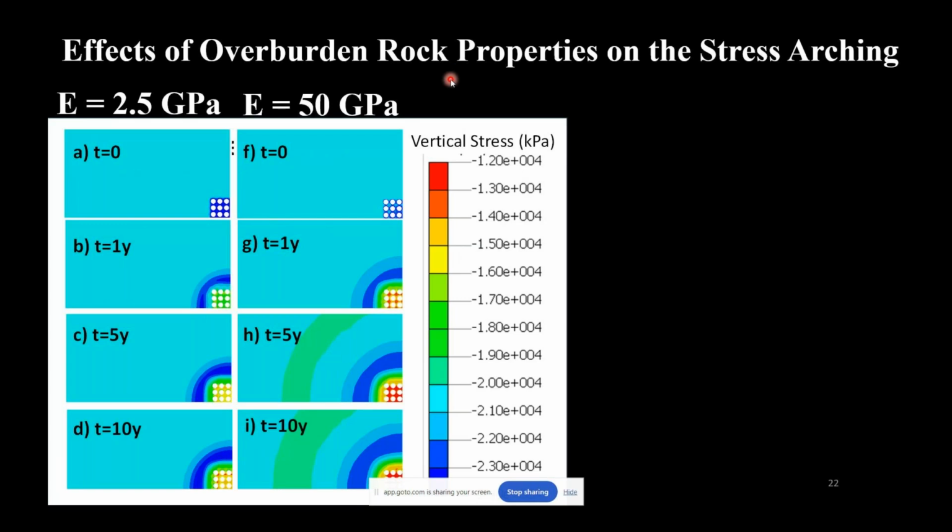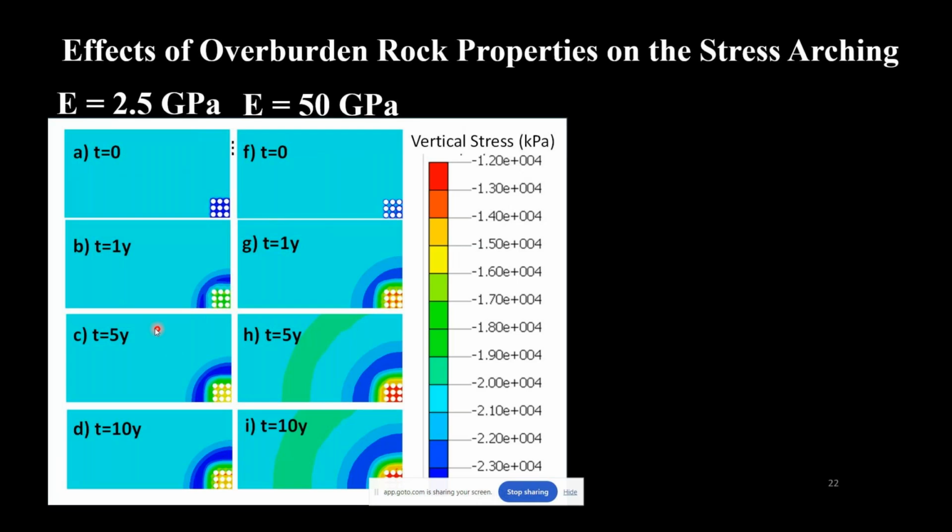And then I ran this model, this hypothetical cavern field, with various Young's modulus for the overburden rock. Here is 2.5 gigapascal, which is a relatively soft rock mass, and here are the results for 50 gigapascal for the Young's modulus of the overburden rock. So here it's a very strong, incredibly competent rock mass.